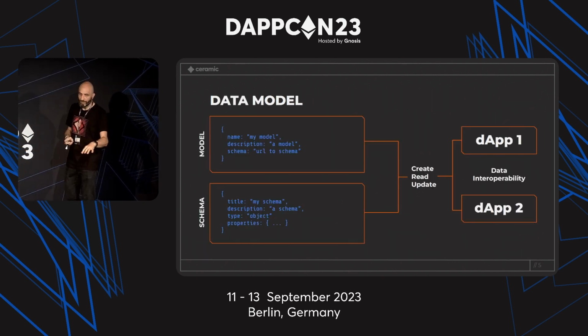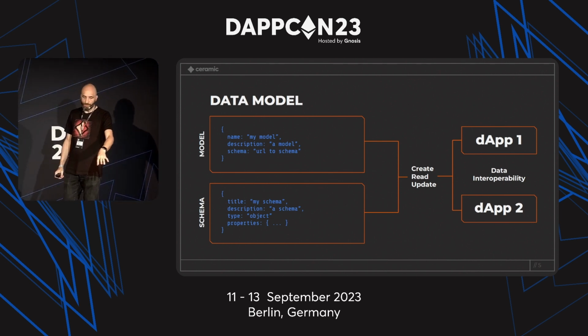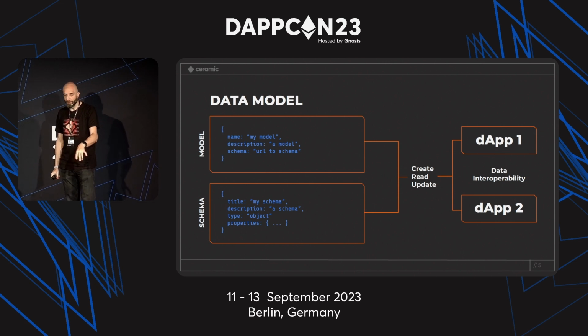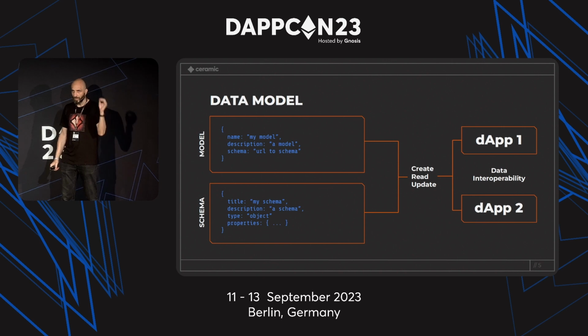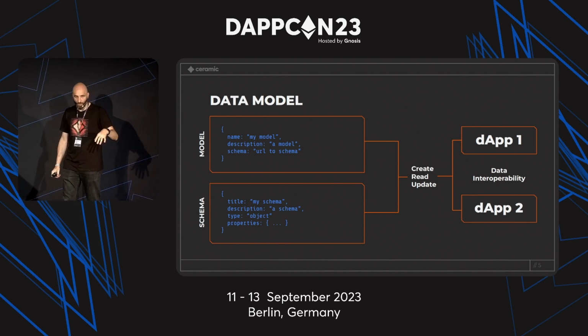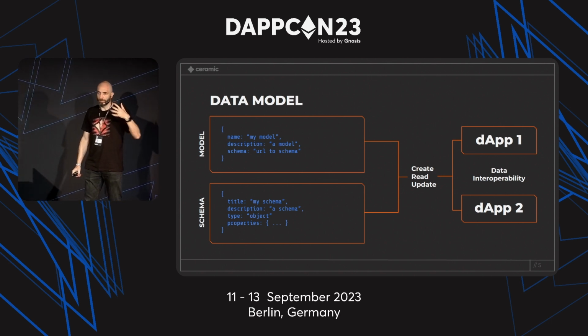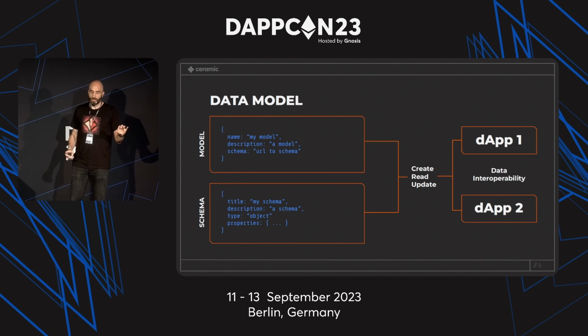So this is what the data model looks like. I set up the model, and one of the fields in the model is the URL to the schema. The schema is what I described, all these fields that can potentially be there, like username or email, name, location, and so on.